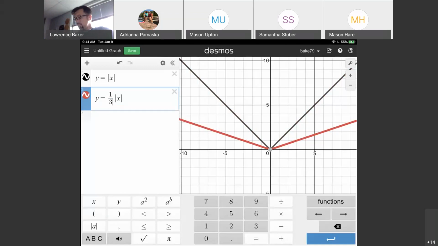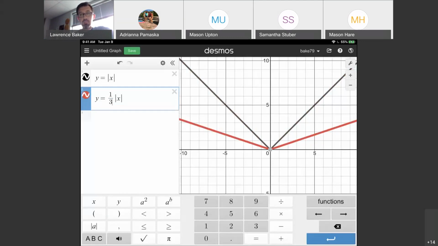Camilla, you there? Okay, Tion, what about you? How would you describe the red graph in comparison to the black one?